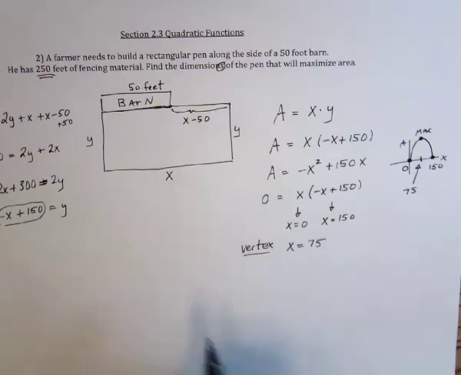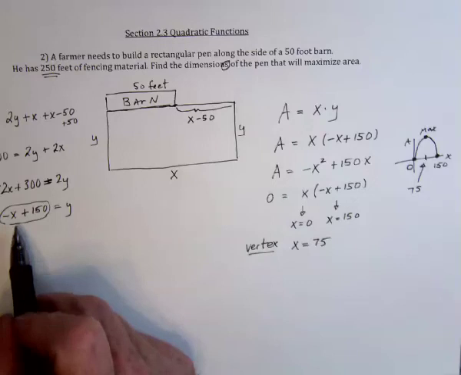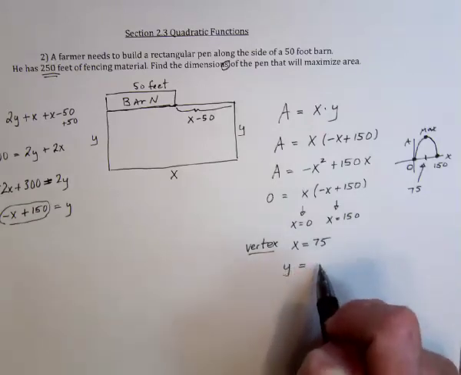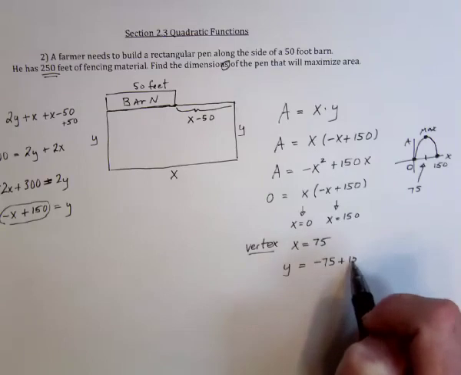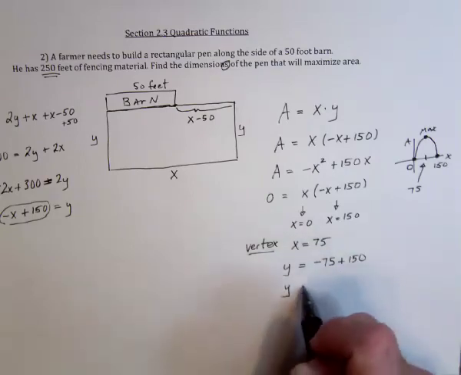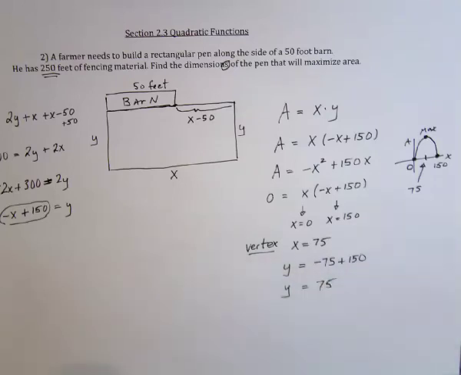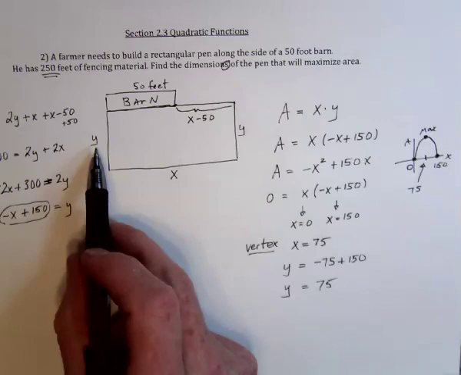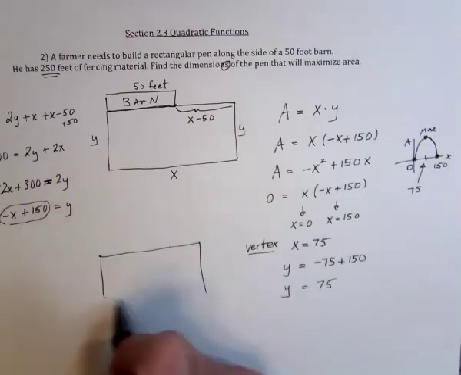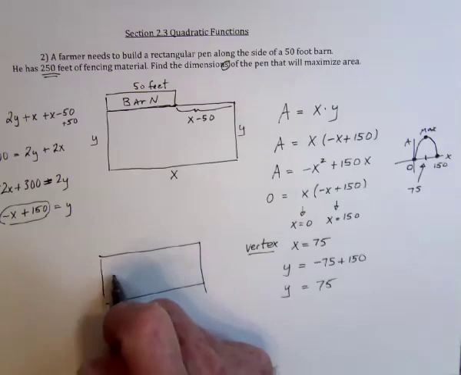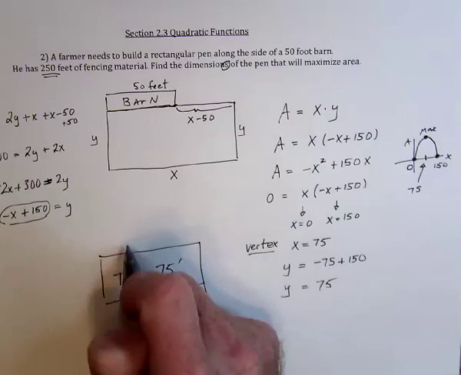Well, if we go back over to our expression on this side, where we had y is equal to negative of what x is, plus 150. So y is equal to 75. So it should be split evenly, 75 by 75. So that is the final answer, that it should be 75 feet by 75 feet are the dimensions.